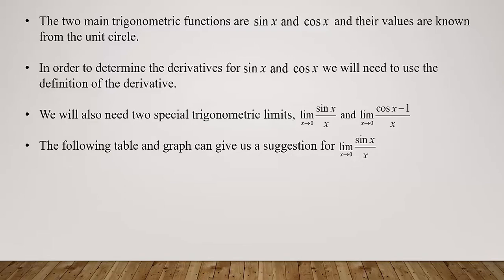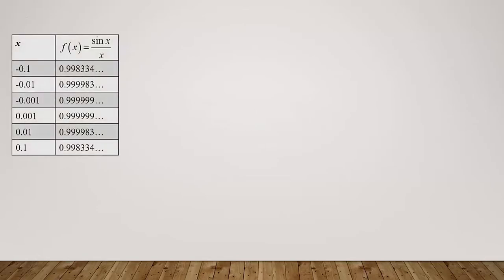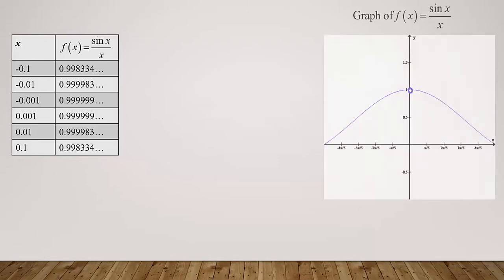So let's look at the limit as x approaches 0 of sine x over x. The following table and graph can give us a good suggestion for what this limit is. Here's the table. Sure looks like as x gets close to 0 from the left side of 0, and as x gets close to 0 from the right side of 0, those functional values are getting close to 1.